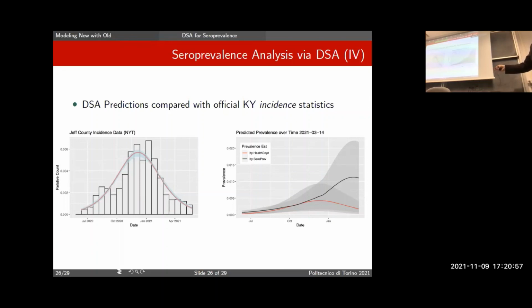And then from the seroprevalence model that I showed you, we actually plotted the other curve, which was the black one. And the black one was again based on the seroprevalence, and from the seroprevalence we calculated what should have been the prevalence. So what would have been the number of people in the I group at different times, given that we had that much seroprevalence at those times.